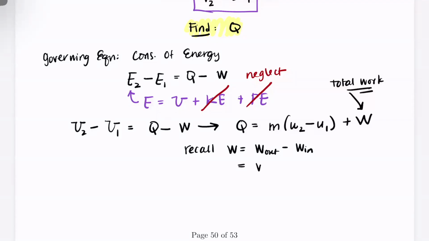Our work out is going to be our boundary work. And then we're going to subtract off the shaft work input. Does everybody feel okay about that so far? So it's expanding.